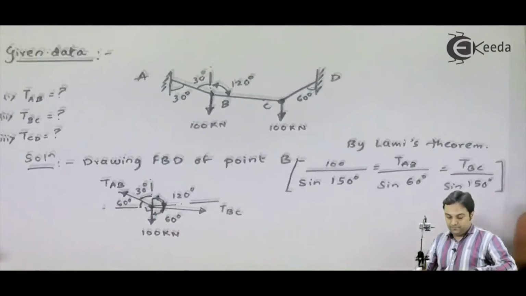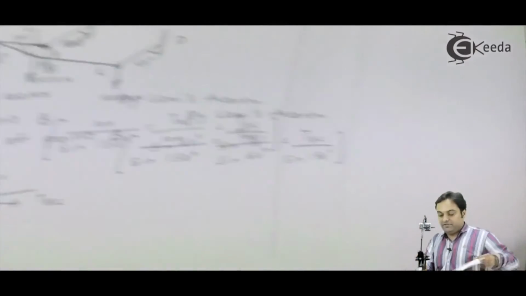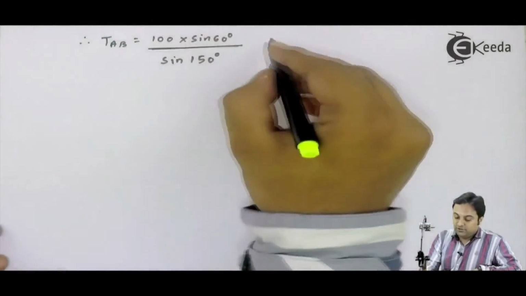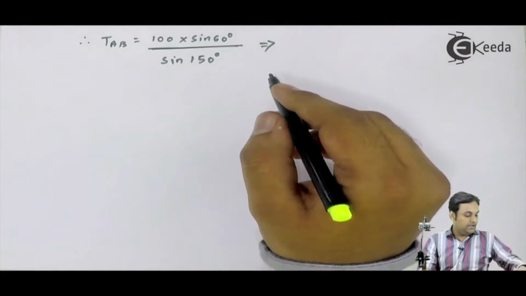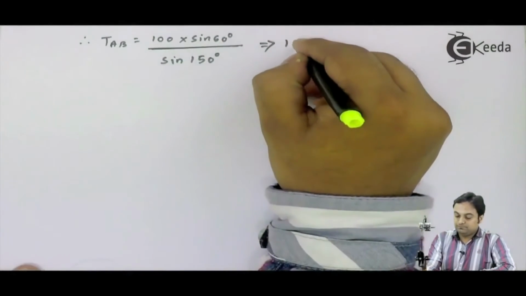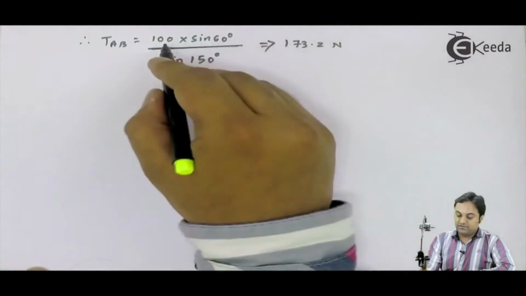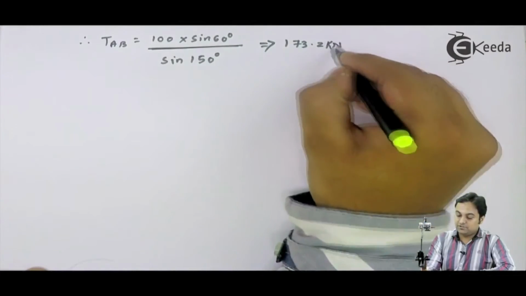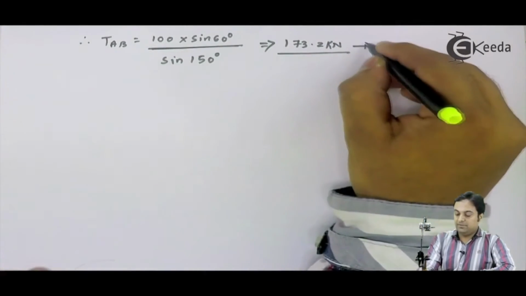If I see here, TAB is equal to 100 into sine 60 divided by sine 150. I have all the values here. So if I calculate this, I will be getting my answer of TAB as 173.2 kilonewton. Since the load is in terms of kilonewton, this is also in terms of kilonewton. So I've got my first answer, TAB.